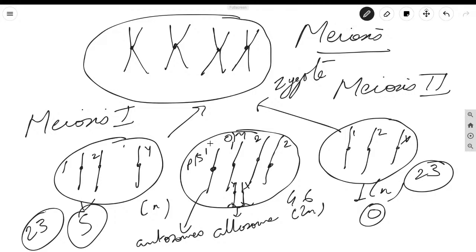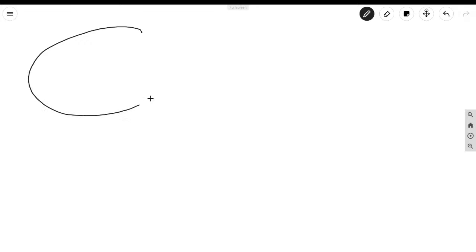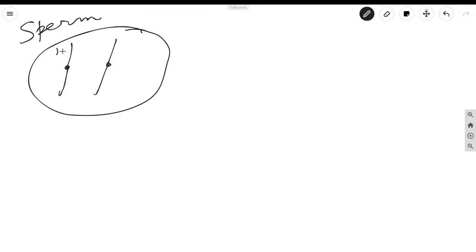They will have the same genes coding for the same proteins. Now let's get into it. Suppose this is chromosome number 1, chromosome number 2 from the sperm, and this is an ovum.